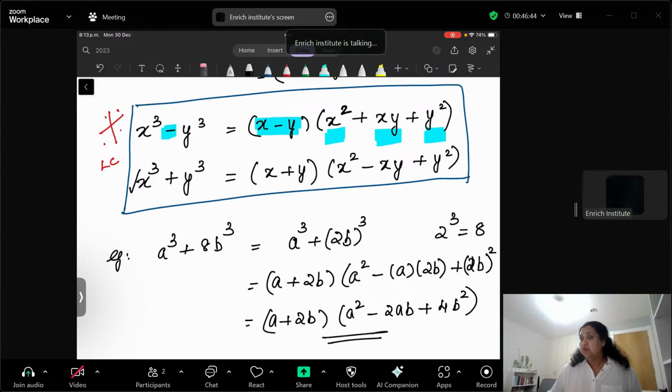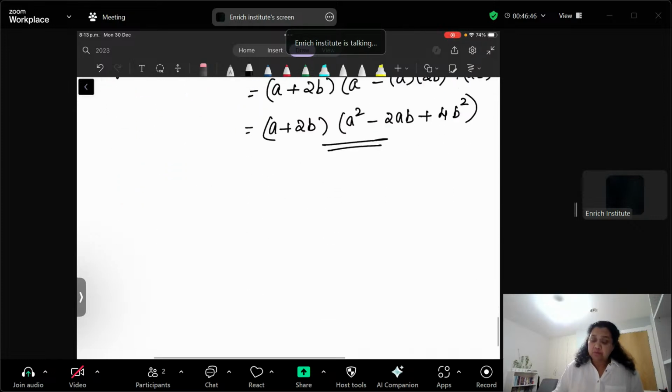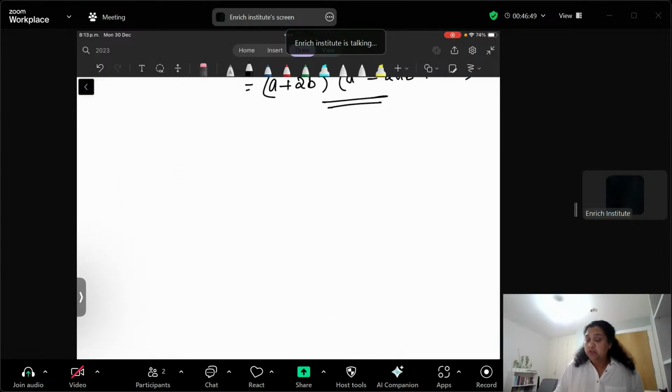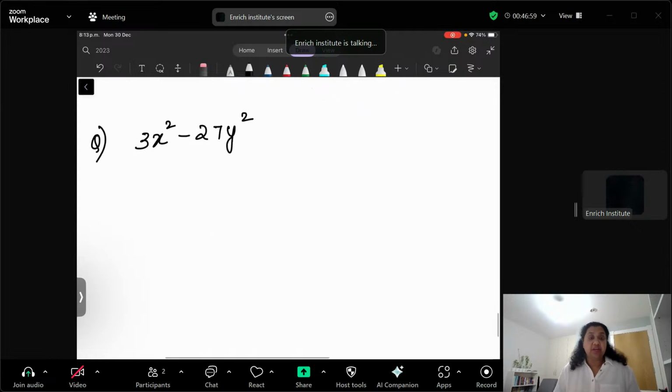Now there's one more small variation of this, not for the cubic one, but for the perfect square one. If you have something like 3x square minus 27y square, because it is a square and there are two terms, I know that this is a difference of perfect squares. But when I see this, 3 is not a perfect square, 27 is not a perfect square.